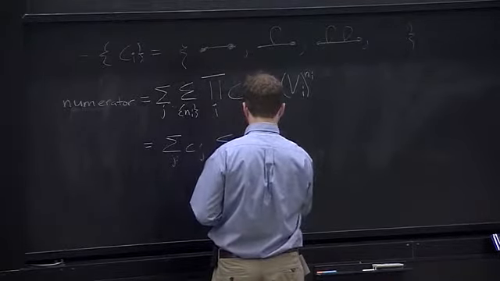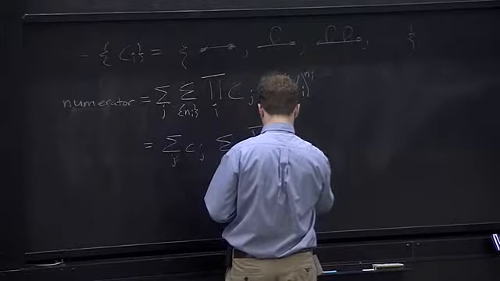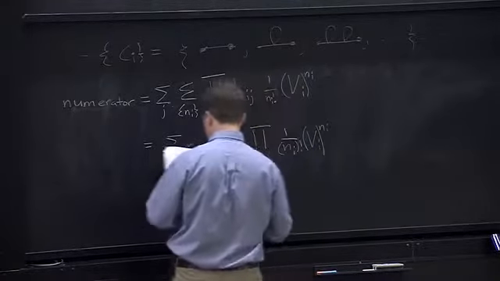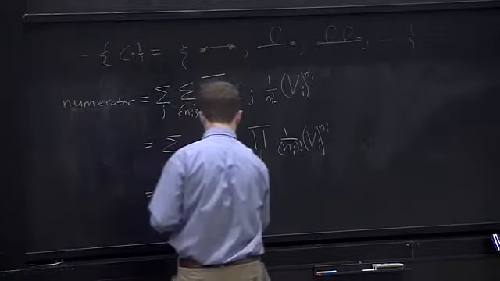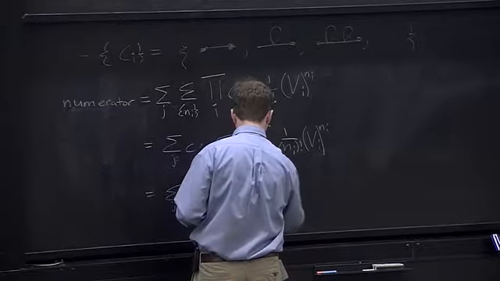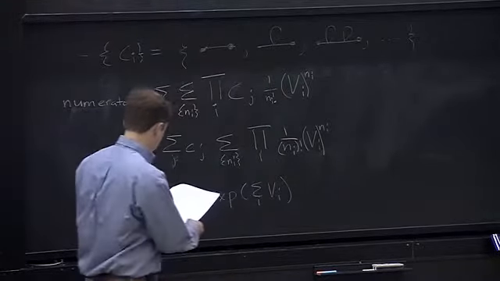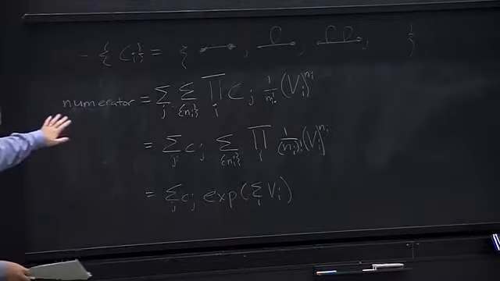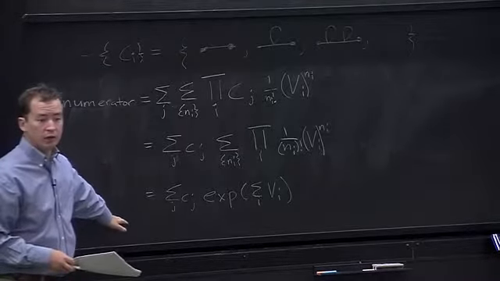The sum over ni, product over i, 1 over ni factorial, vi to the ni, which is just the sum over j, Cj times the exponential that we had before, the exponential of the sum of the connected vacuum diagrams. And so in the Green's function, if we take the ratio of the numerator with the denominator, these vacuum diagrams cancel out.